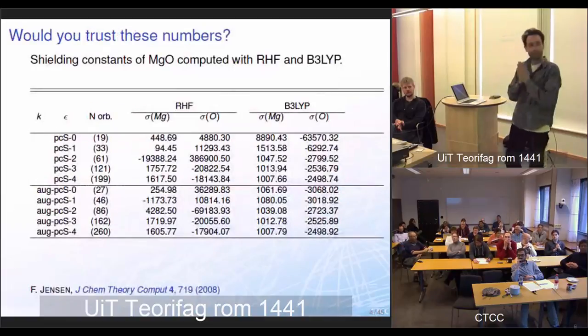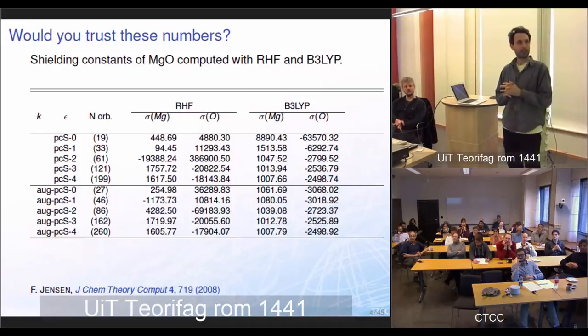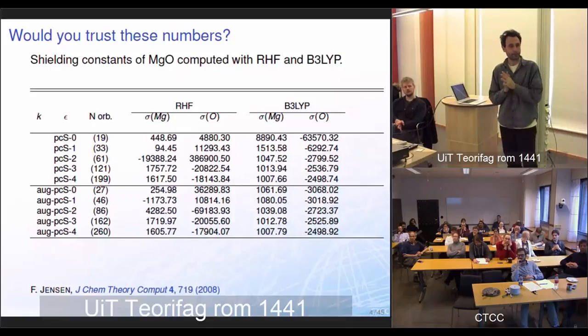So, some introduction. These are shielding constants for magnesium oxide calculated at Hartree-Fock and B3LYP with some of the best basis sets available.